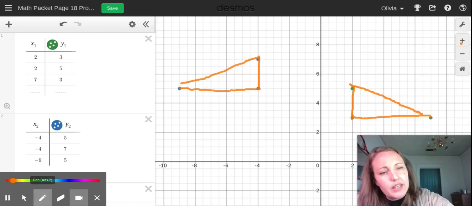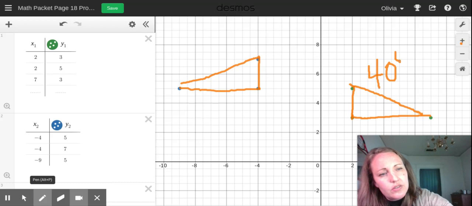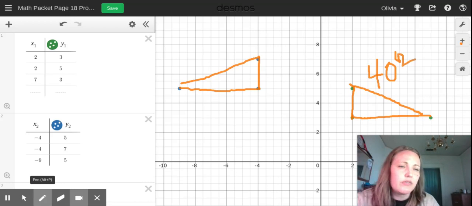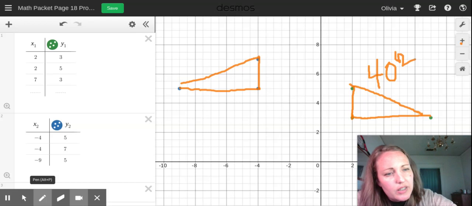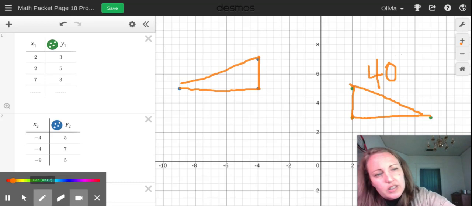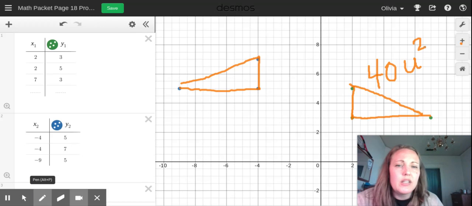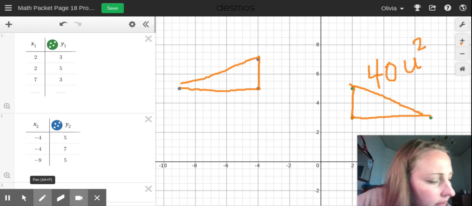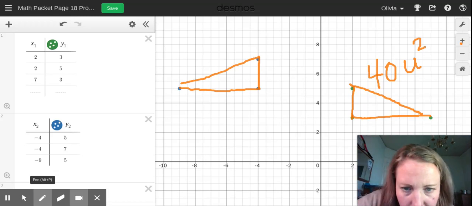I could write that here: 40 units squared. Probably better to not put 40 squared. It's 40 units squared.